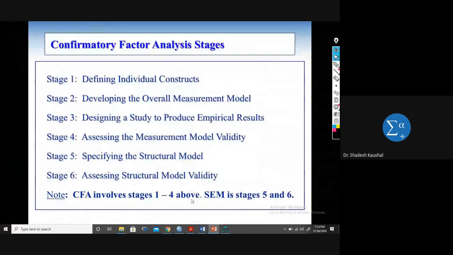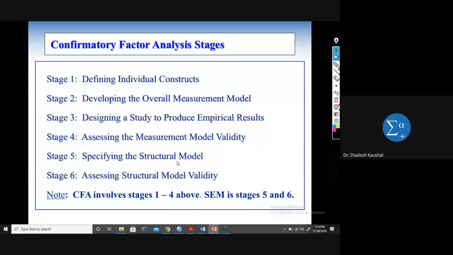Now as a novice, I do not know anything about confirmatory factor analysis and structural equation modeling, and I want to perform it. So what are the stages to perform structural equation modeling?